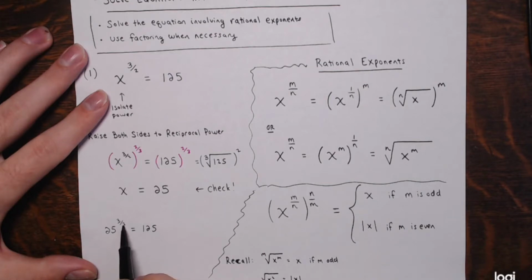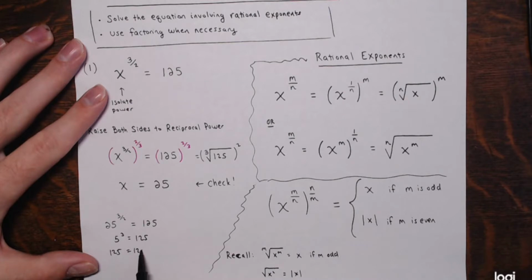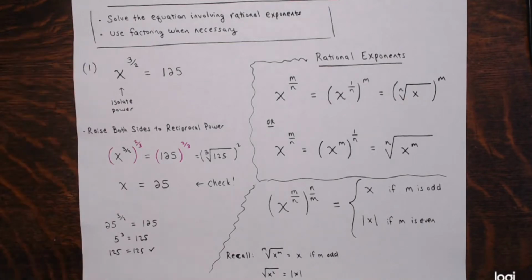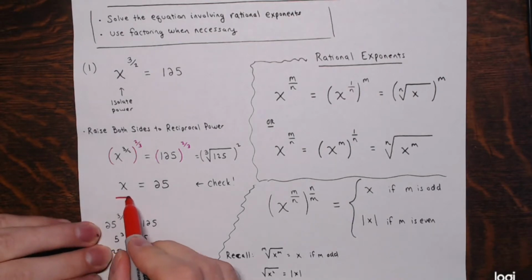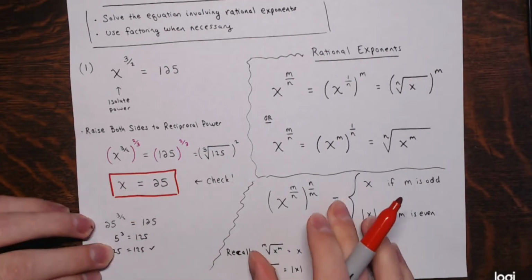So I'd be taking the square root of 25 first, which is 5, and then to the 3rd power. We'd have 5 to the 3rd power equals 125, and then that's indeed 125 equals 125. It works. So right now, the only solution I'm finding to this equation is 25.